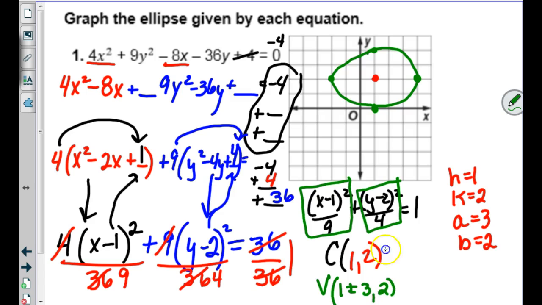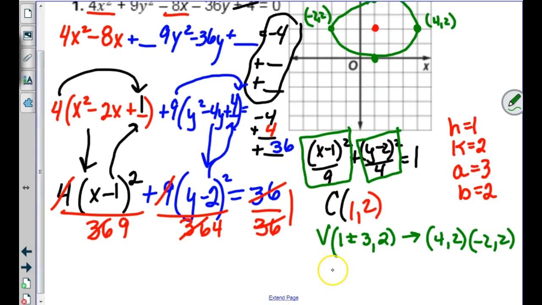It's sideways. No, it's longer sideways. Yep. So you do have to tell me what those ordered pairs are. So 1 plus 3 is 4, 2, and 1 minus 3 is negative 2, 2. Does that match with what we did up here? 4, 2, and negative 2, 2. Right? What else are we supposed to have? The co-vertices.